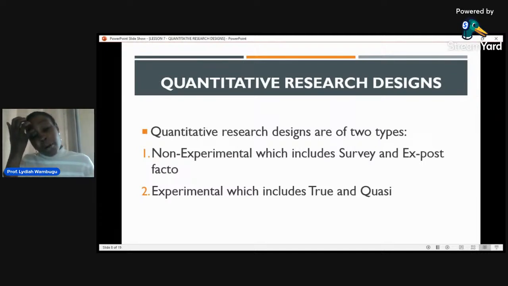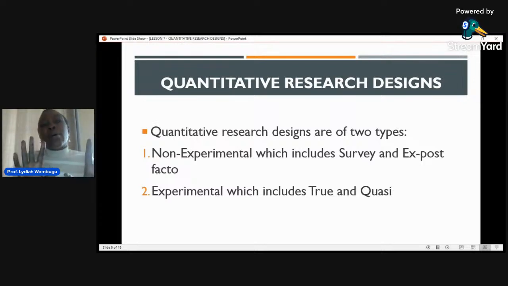So when we talk about quantitative research designs, there are 2 types of quantitative research design. We have non-experimental designs, and this includes survey and ex post facto or causal comparative research. And then we have experimental, which includes the true and quasi.